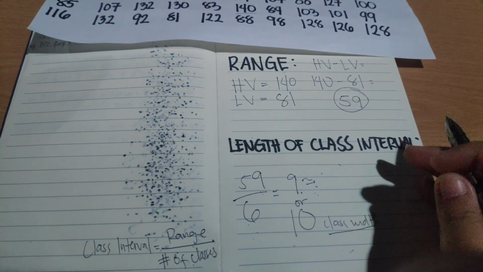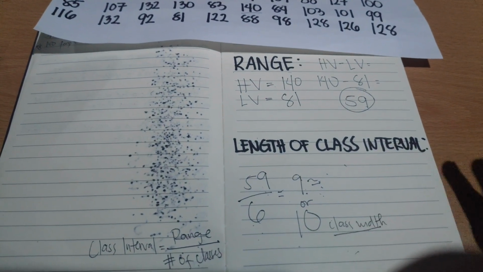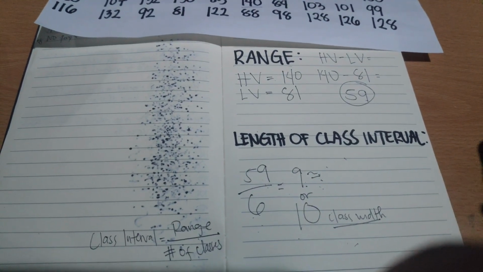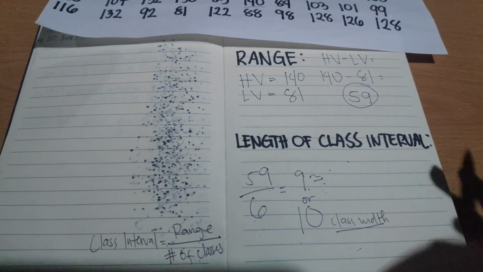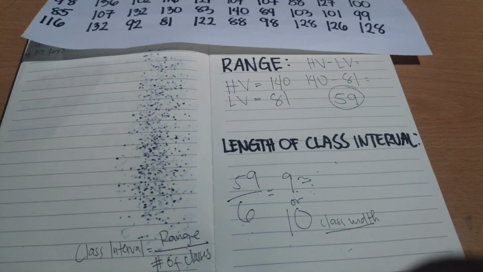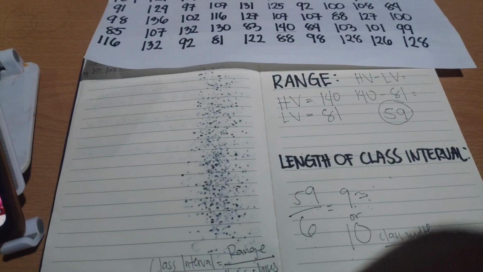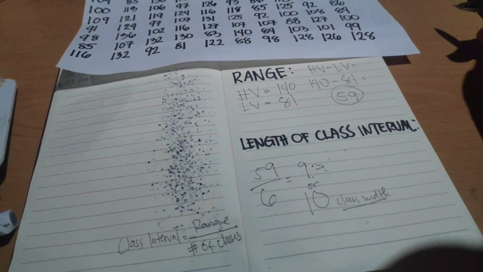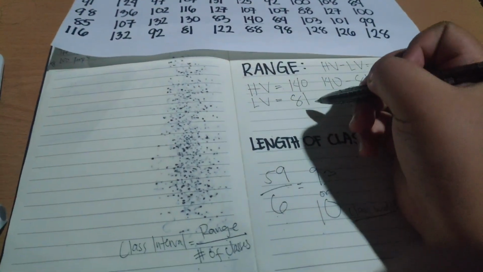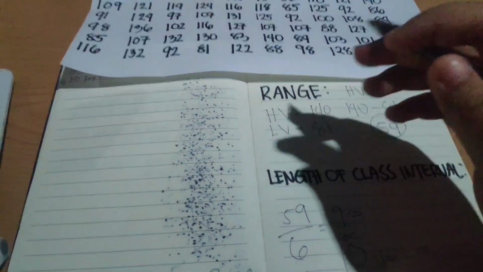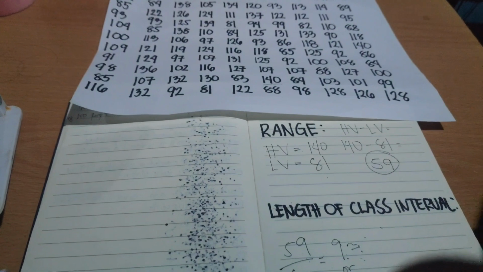This means that there are 6 classes, and every class has an interval of 10 numbers. So from the lowest value, which is 81, to 90, 91 to 100, and so on.